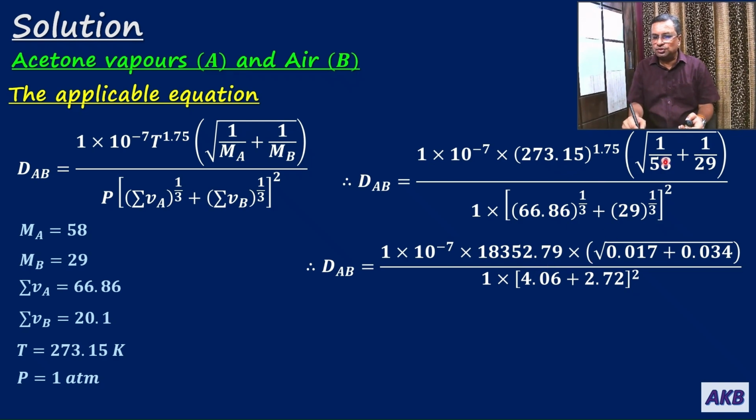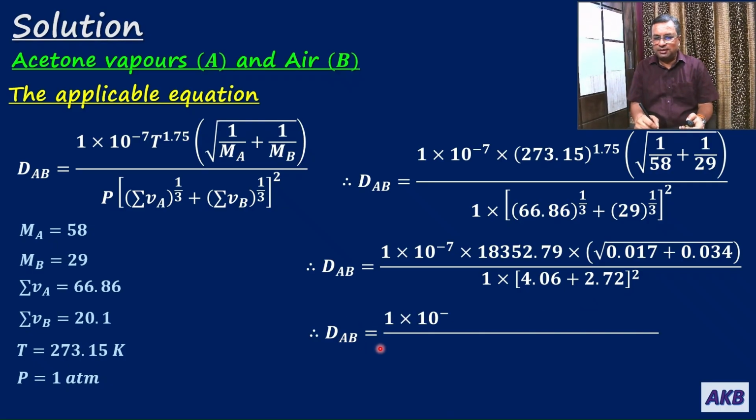18352.79 into 1 upon 58 is 0.017, 1 upon 29 is 0.034. So it is square root of 0.017 plus 0.034 divided by 1 into 66.86 raised to 1 by 3 is 4.06, 29 raised to 1 by 3 it is 2.72 and square of this sum.